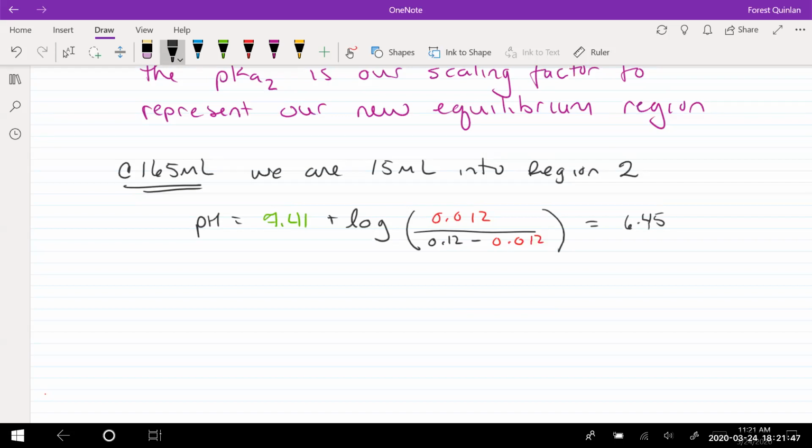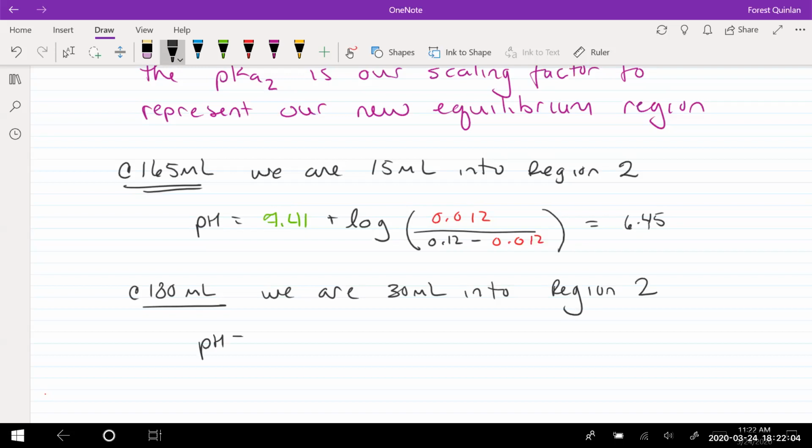And let me just point out that 70, 80. So at 180 mils, we are 30 mils into region 2.